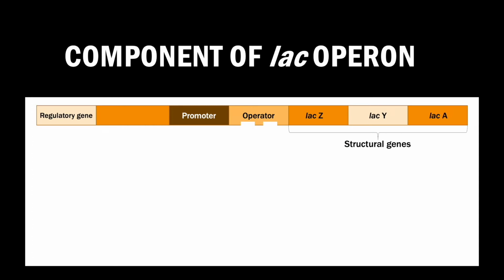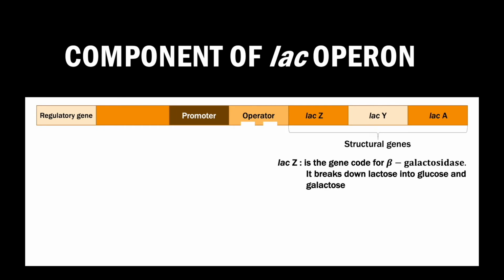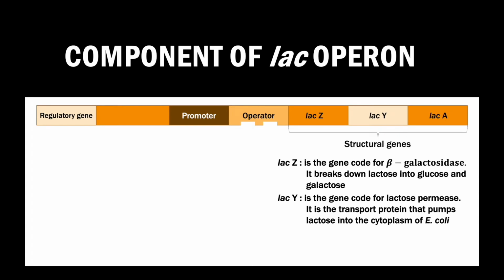We have structural genes consisting of Z, Y, and A, all coding for proteins that are involved in lactose metabolism. Z is the gene that codes for the enzyme beta-galactosidase. This enzyme breaks down lactose into glucose and galactose. Y is the gene that codes for lactose permease.